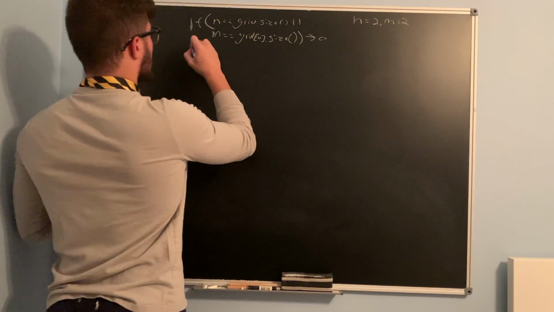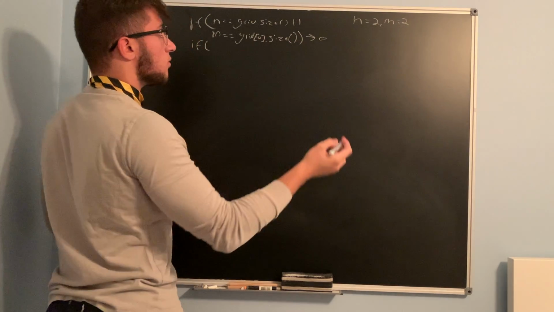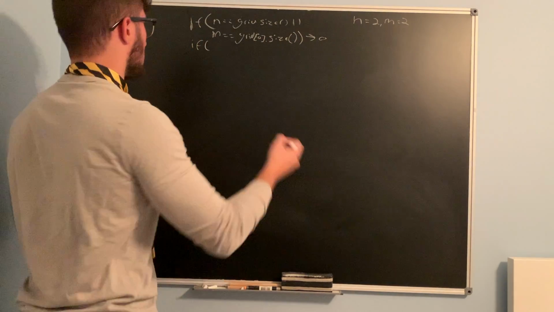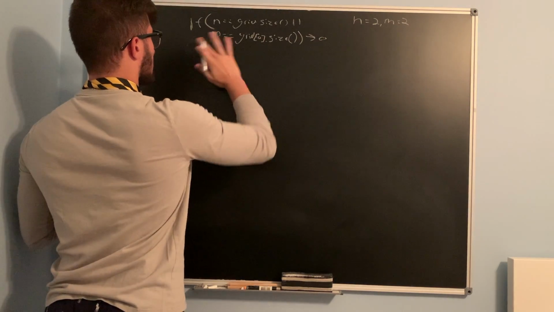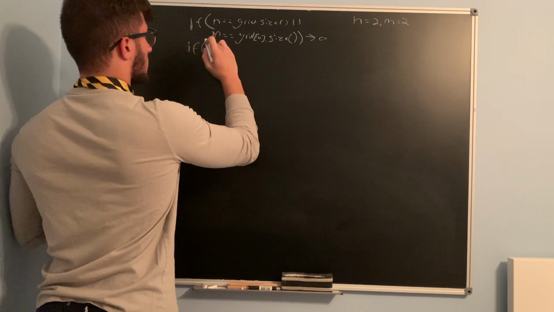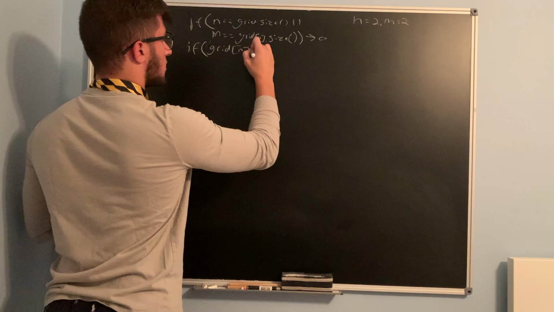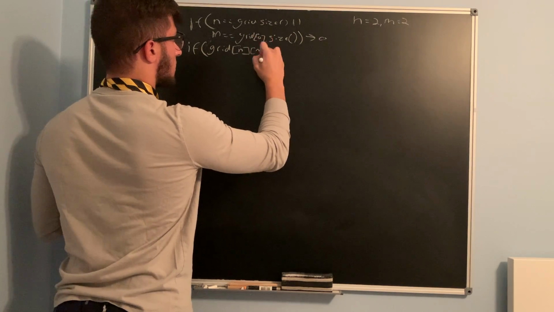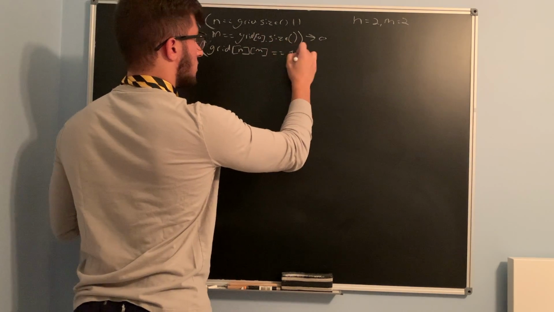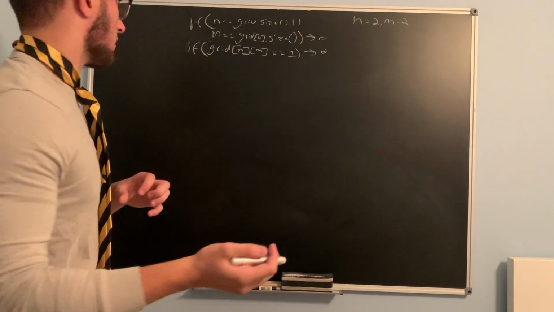And then another base case would be if we find a 1 within our matrix, which is an obstacle. So if grid at n, m equals a 1, in that case we also return a 0 as not a valid path.